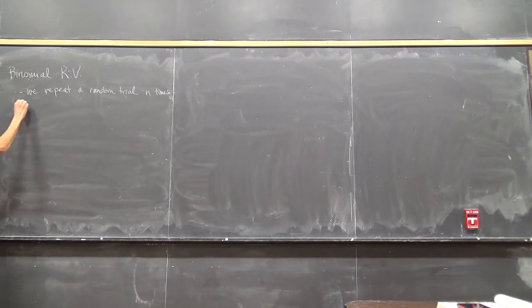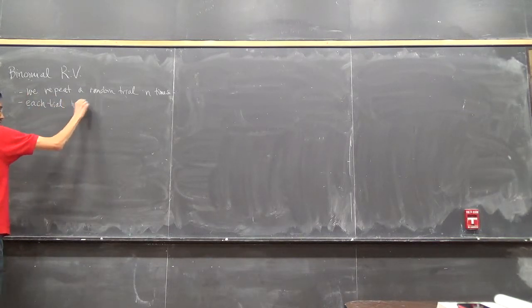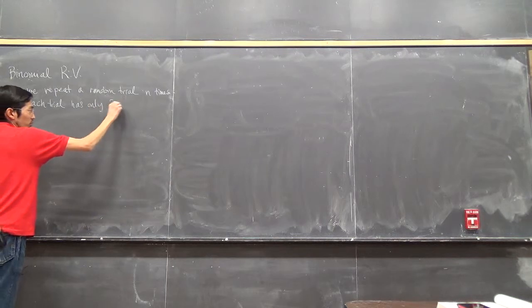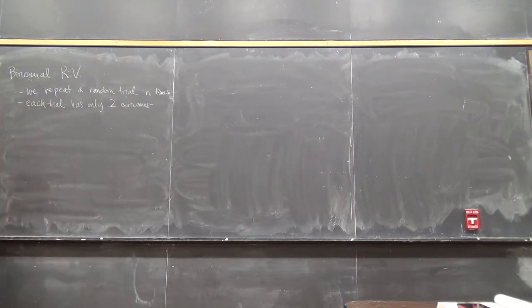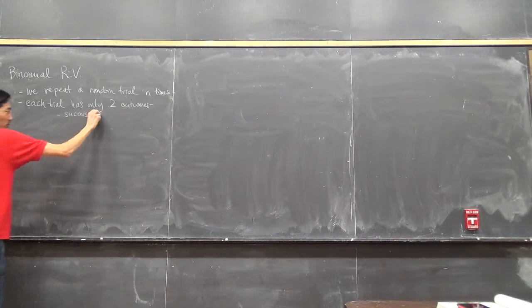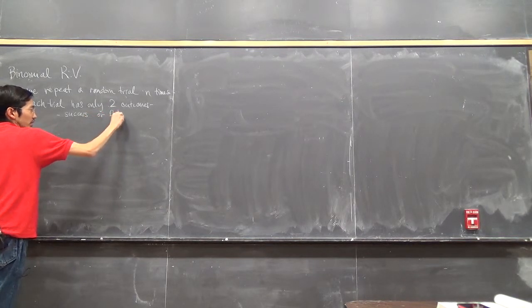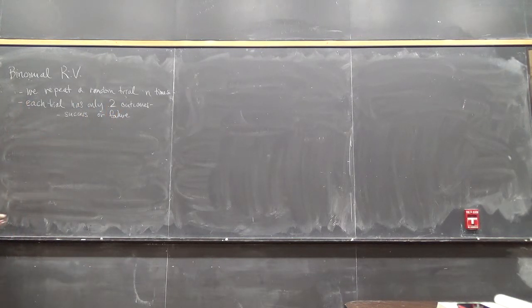Each trial has only 2 outcomes. Okay? And we label these, there's an arbitrary label of success and failure, okay? But these are just arbitrary labels.